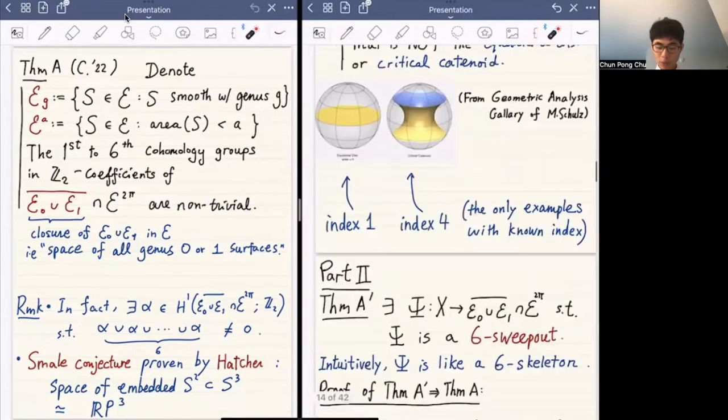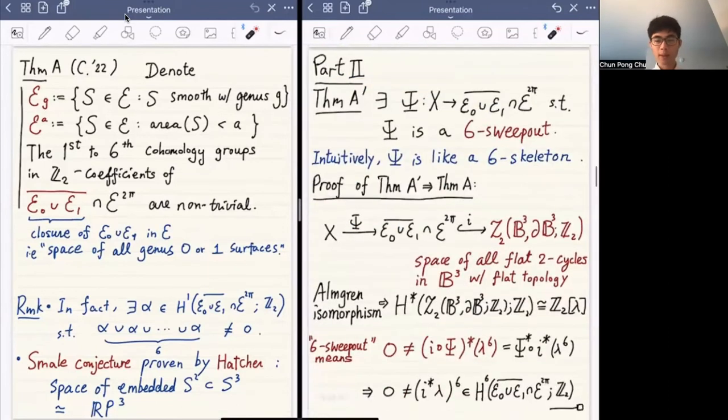In the second part, we will reduce theorem A to another theorem, theorem A prime, okay? And I'll show you how we can deduce theorem A using A prime. And in the third part, we sketch the proof of theorem A prime. Okay, what is theorem A prime? And how do we deduce theorem A from it?